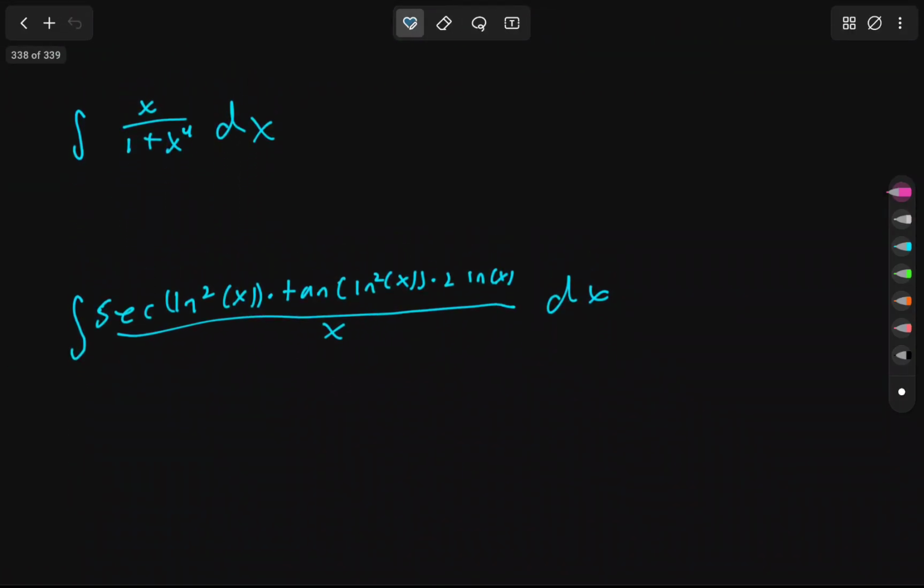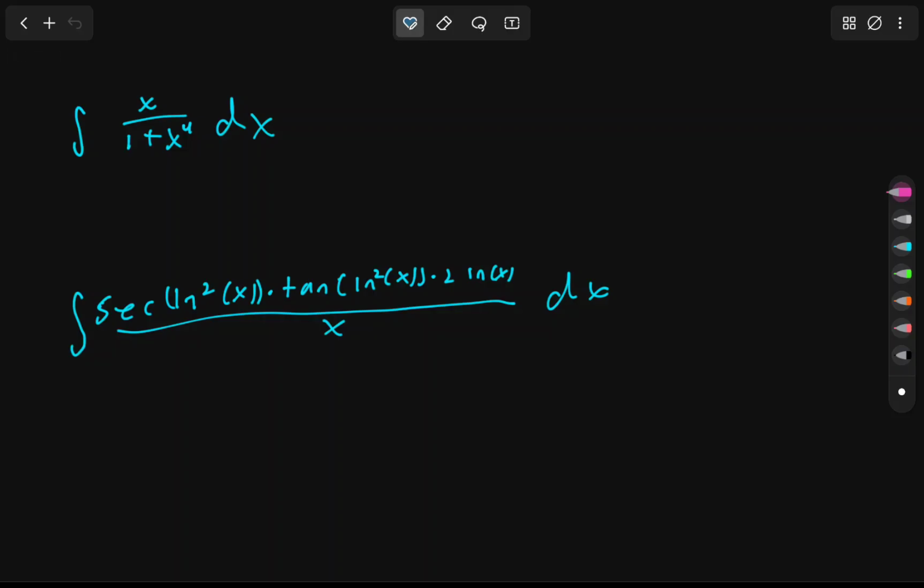Alright, for this next integral, I think this one's a small bit more challenging, as if you set u equal to the denominator, you would see that our du is going to be 4x cubed. However, if we were to sub this in, that would not get all the x's to cancel.